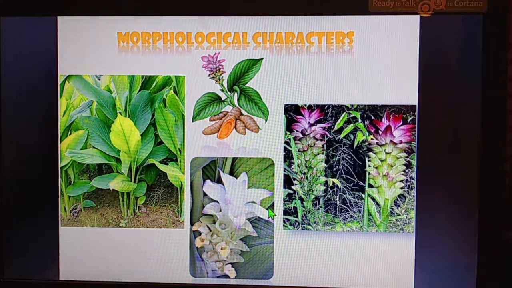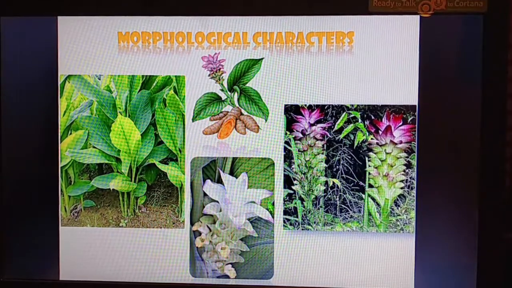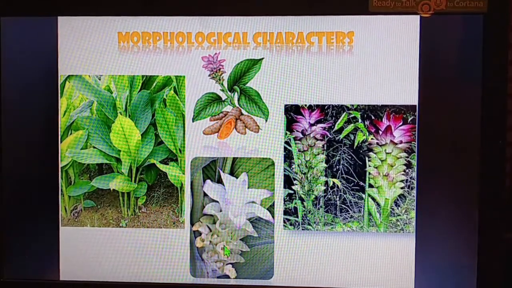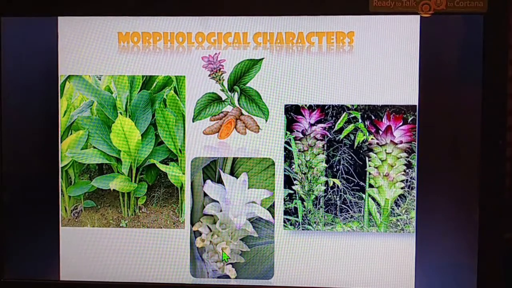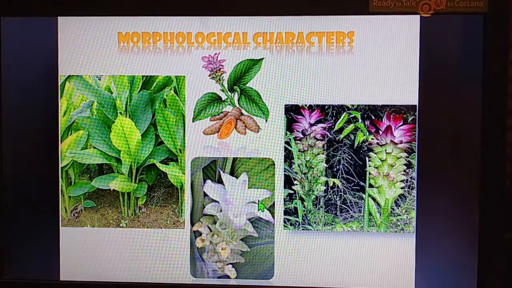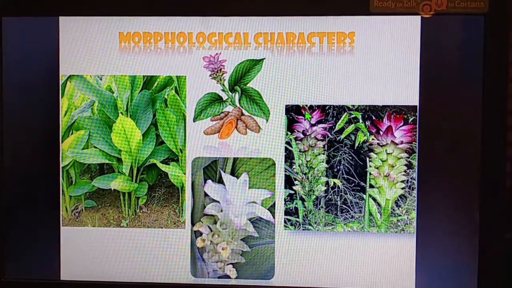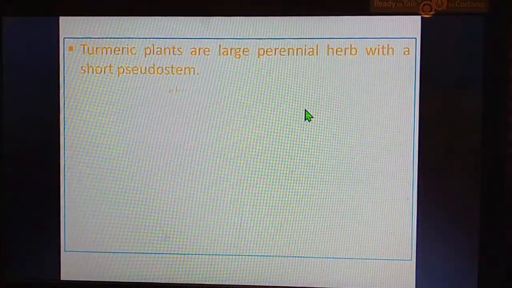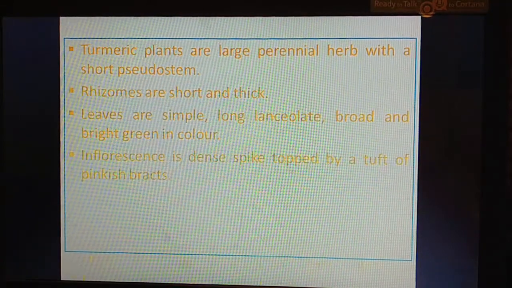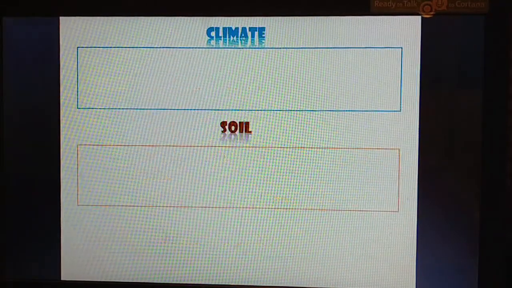The flowers are large, bisexual, and pale yellow in color, and the fruit in turmeric is a many-seeded capsule. So this I had already mentioned, the morphological characters.